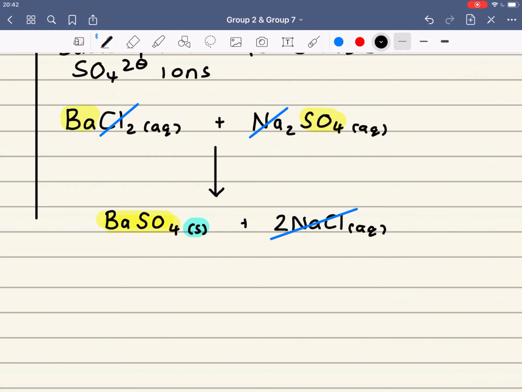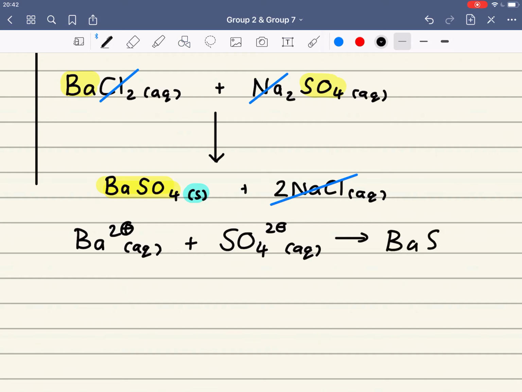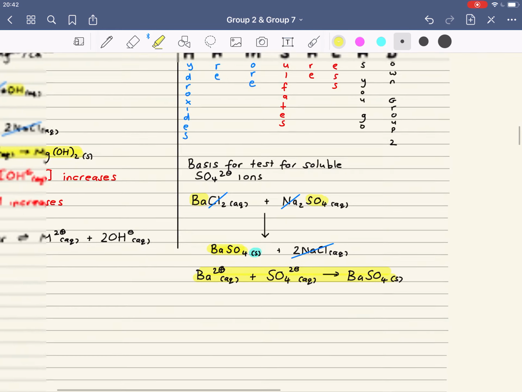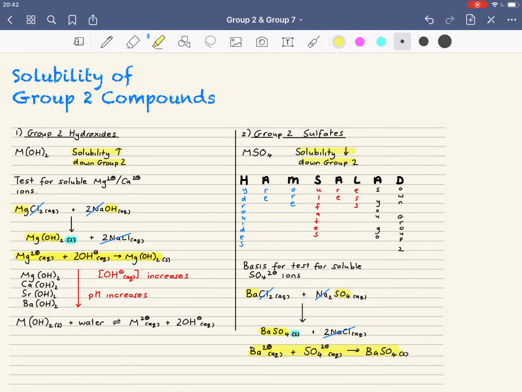And that gives us then the ionic equation, and this is what you're more likely to be asked. And that there is my ionic equation. So that is a quick look at the solubility of group 2 compounds.